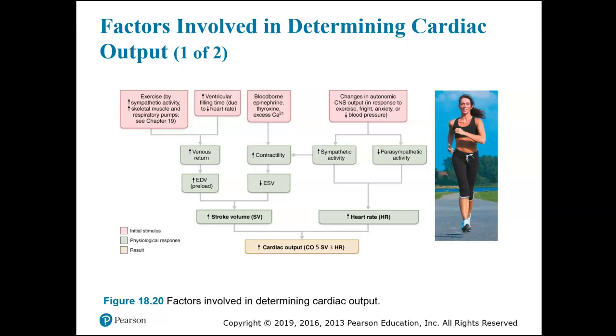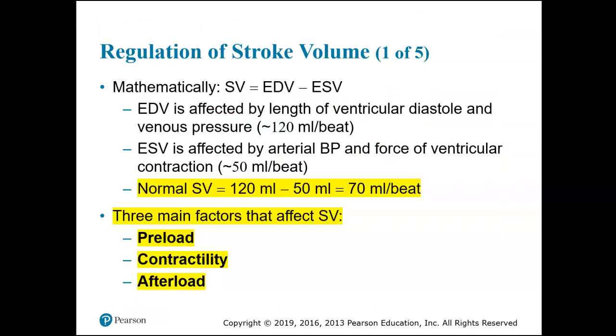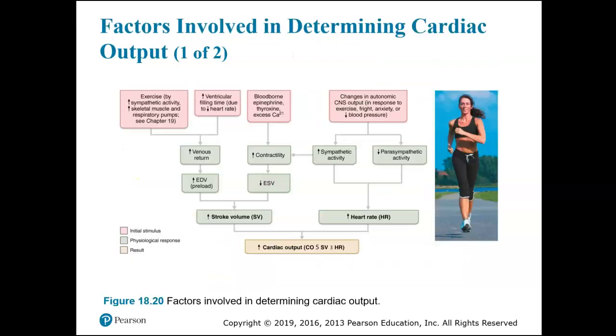The factors involved in determining cardiac output are shown on this slide. Basically, your cardiac output is your stroke volume times your heart rate. So stroke volume can be increased by increasing venous return, which is the amount of blood that returns to the heart by the vena cava and the coronary sinus.